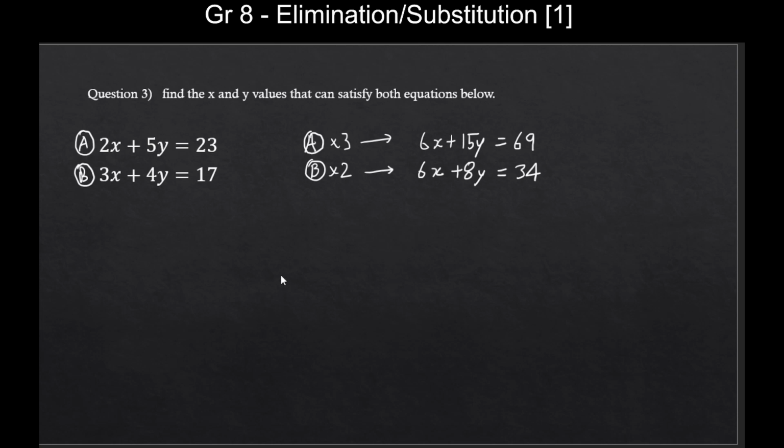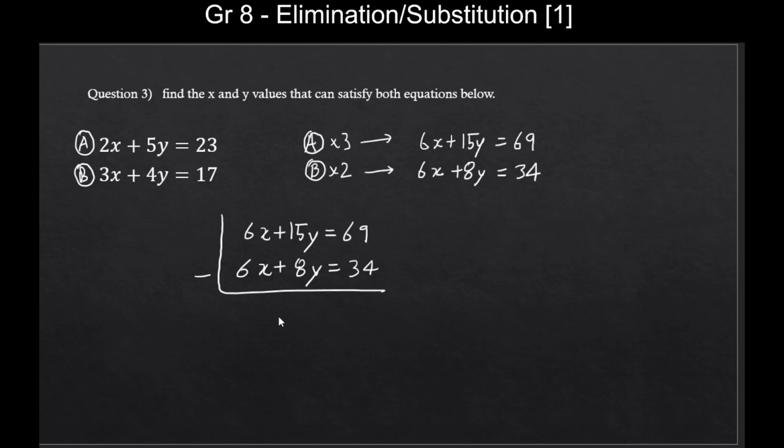Now, you know what I'm gonna do? Because they're both positive numbers, plus 6x and plus 6x, I'm going to subtract them. So I'm gonna write this here again. And I'm going to subtract them. And you know why?